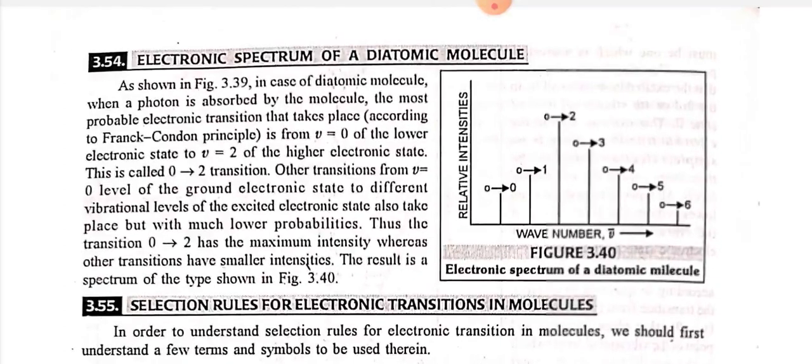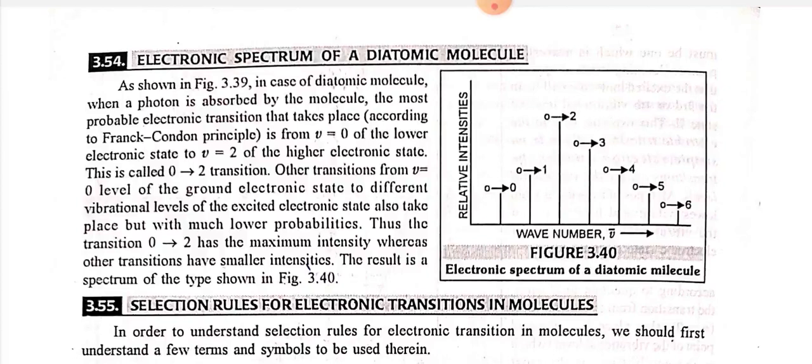Section 3.54: Electronic spectra of a diatomic molecule. As shown in figure 3.39, in the case of a diatomic molecule, when a photon is absorbed by the molecule, the most probable electronic transition takes place according to the Franck-Condon principle. If it goes from v = 0 in the lower electronic state to v = 2 in the higher electronic state, this is called a 0 to 2 transition.